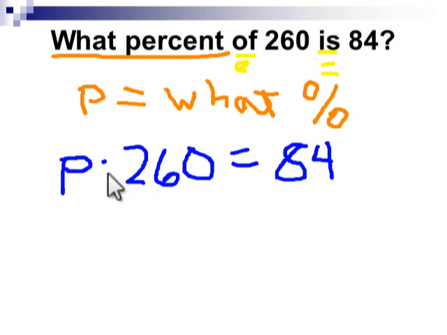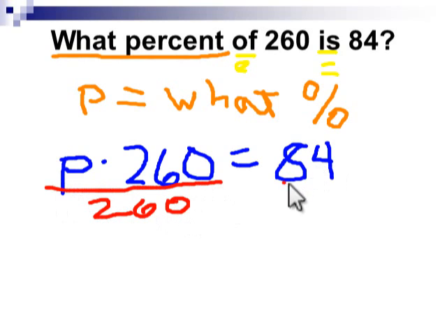So we have to undo the multiplying by 260. So we're going to undo that by dividing on both sides by 260. Divide by 260 on both sides.